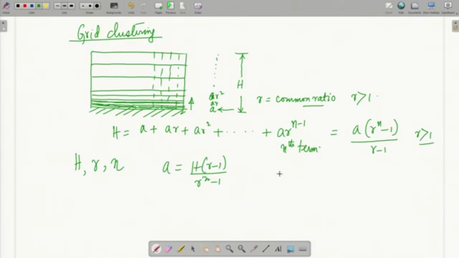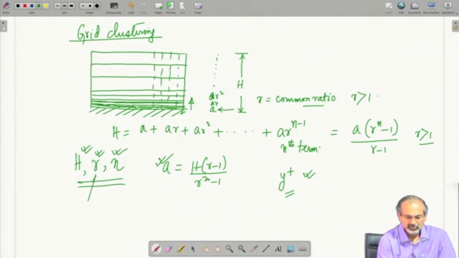In our previous lecture on turbulence modeling, we got to learn how to calculate y plus based on the first grid point away from the wall. So, that is where we actually need to check for y plus. So, with the A that you have obtained, you try to find out what that y plus is. If it is within the acceptable level, you go ahead with that choice of A. If it is not acceptable, then you try to alter some of these parameters till you get an acceptable A.